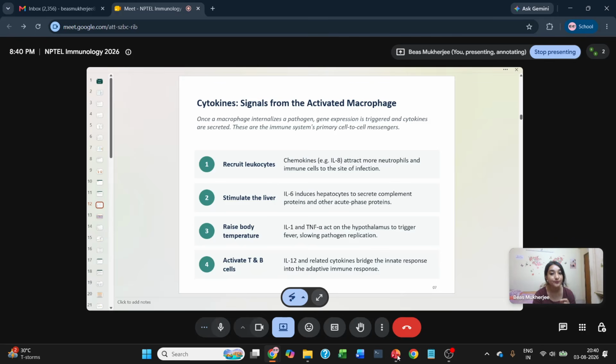Interleukin 6 induces hepatocytes or liver cells to secrete complement proteins. Now, what is complement protein? Complement system refers to a group of proteins, which is a huge group, and there are like 9 proteins or so, but these proteins undergo cleavage and they break into 2 different fragments, and these 2 fragments have 2 different roles.